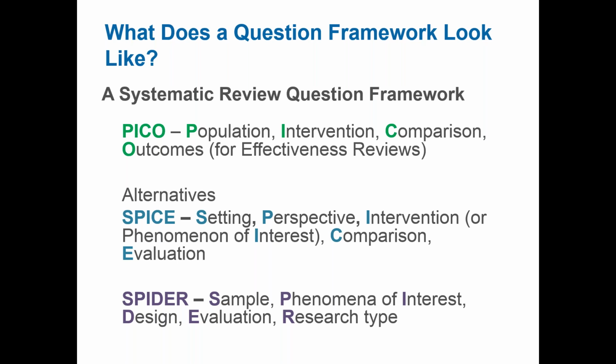So SPICE, for instance, talks about setting, perspective, intervention or phenomena of interest, when you don't have a clear intervention and you might just have an experience that you're exploring, comparison and evaluation. And then SPIDER is another such version of these question frameworks.